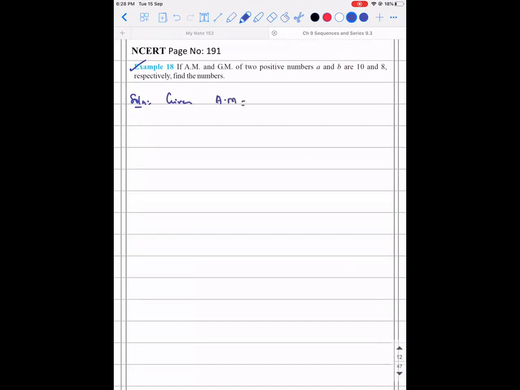Arithmetic mean is 10, geometric mean is 8. Right? So given numbers are A comma B. Then A plus B divided by 2 is 10 and square root of AB is 8. Accepted?